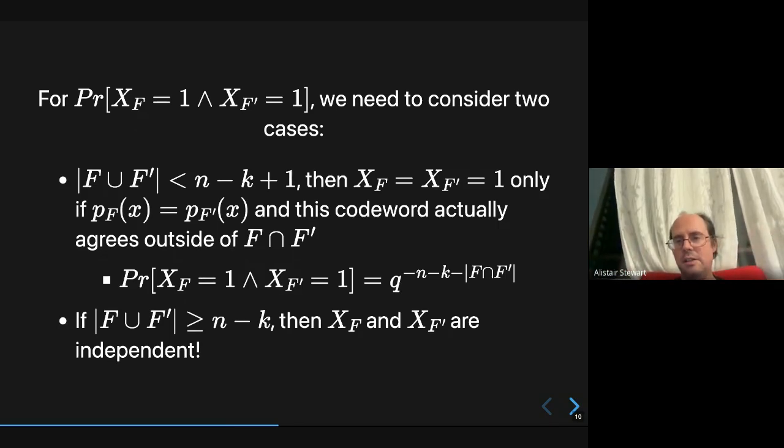Now, when you are looking at the intersection of two of these things, in other words, we have a random code word, we're looking at two specific sets, and we're asking what the probability is, over this random code word, that these two specific disagreement sets both have code words that agree with the rest of the word.